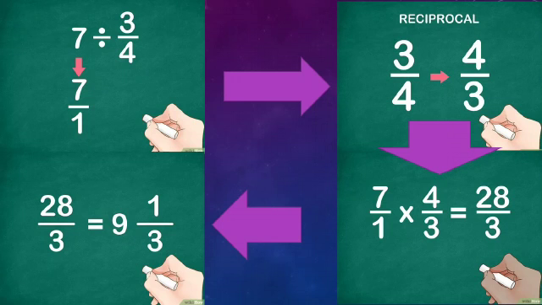And now we are going to multiply 7 by 1 into 4 by 3, that is equal to how much? 28 by 3. Now 28 by 3 is an improper fraction, and we have to change an improper fraction into a proper mixed fraction, and we get 9 whole 1 by 3.